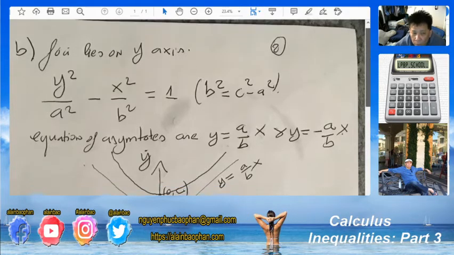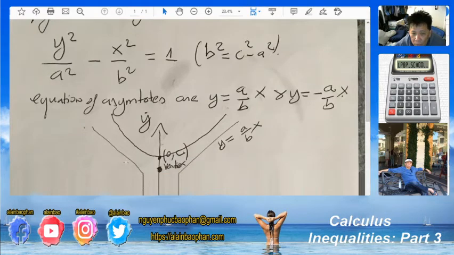But the equations of the asymptotes, these two lines right here, will be y equals a over b times x and y equals minus a over b times x. So it is a over b if the foci lie on the y-axis, and b over a if the foci lie on the x-axis.